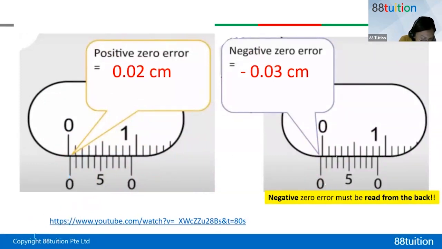So always look at this 0, this one. All right, this 0 is on the right, right of the other 0. So if it's right, then it will be positive 0 error.